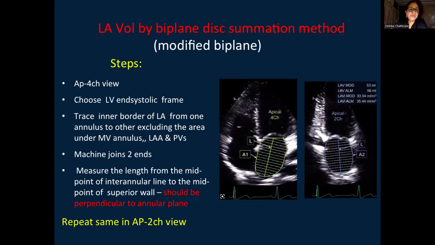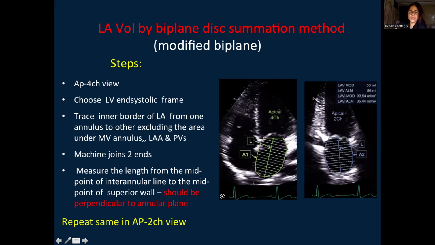We follow several steps. First, we go to the apical four-chamber view, freeze it, and choose the LV end-systolic frame, 1 or 2 frames before the mitral valve opens. At that time the LA is at its maximum volume. We trace the inner border of the LA from one annulus and go round along the IAS, and then round here without entering the pulmonary vein.